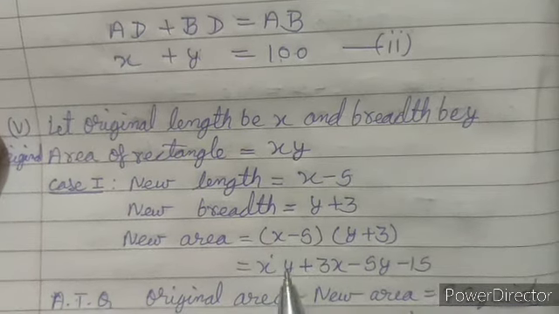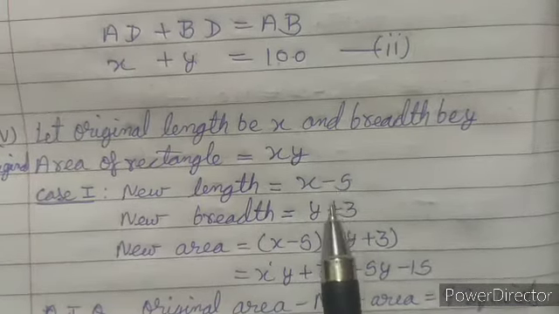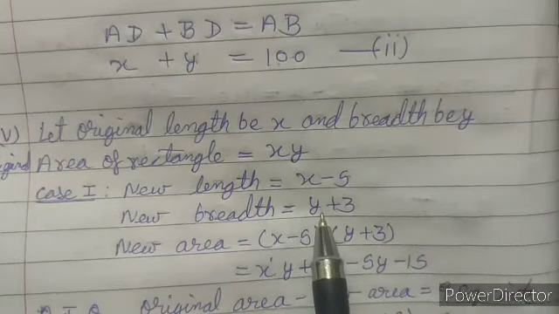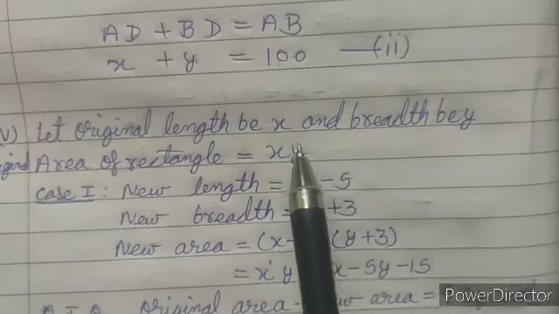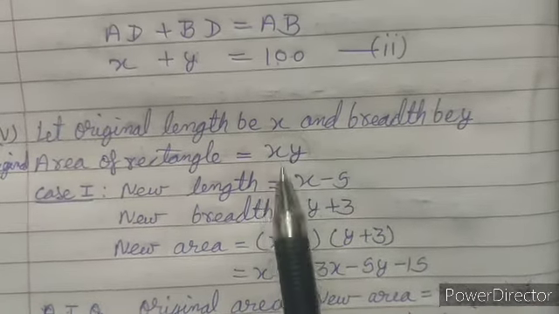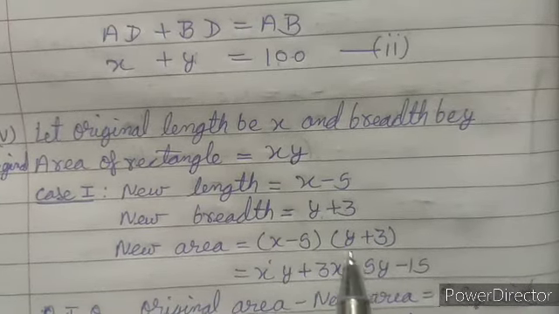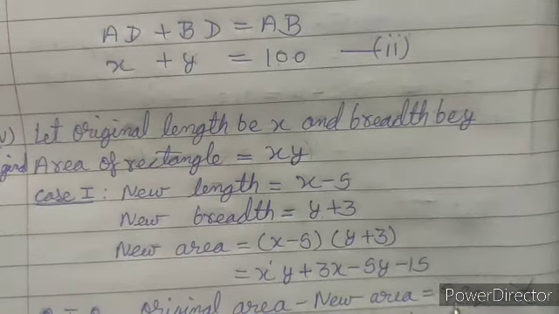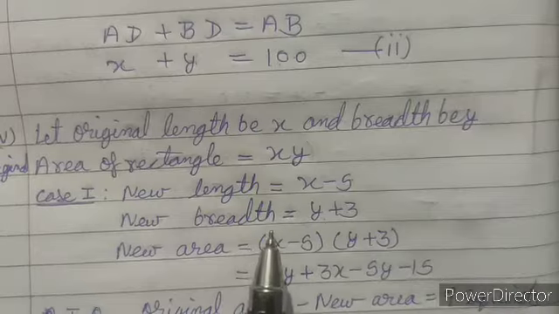Now he is saying that if we decrease the length by 5 and increase the breadth by 3, the area gets reduced by 9 square units. That means the original area is greater than the new area. The original area minus the new area will be equal to 9 square units.